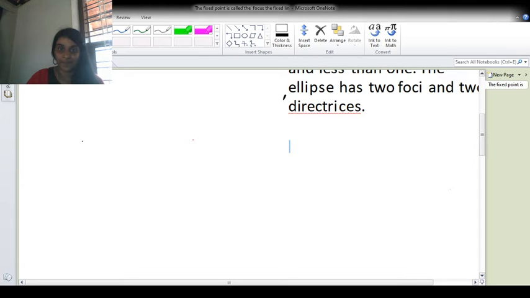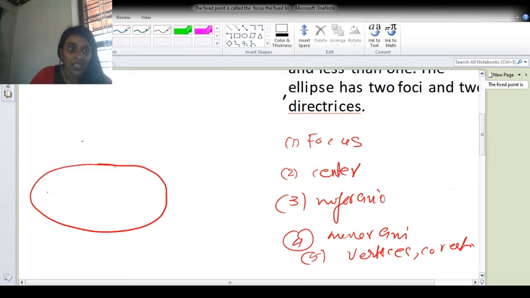So we have an ellipse. I took two fixed points, and the line segment passing through them is called the major axis. These intersection points are called vertices, and the midpoint is called the center. The line segment perpendicular to the major axis and passing through the center is called the minor axis.